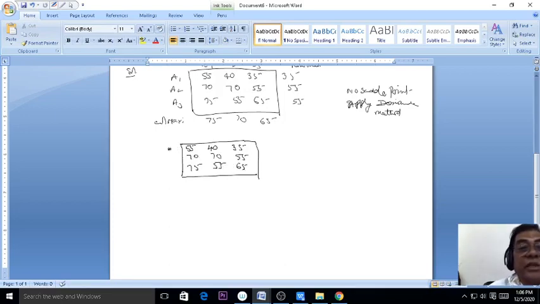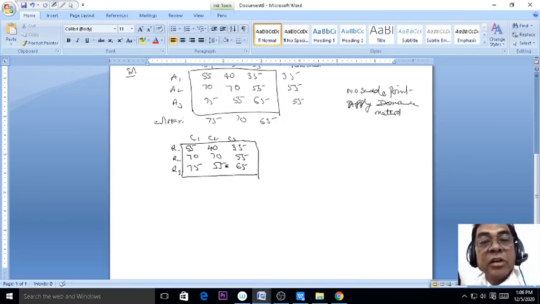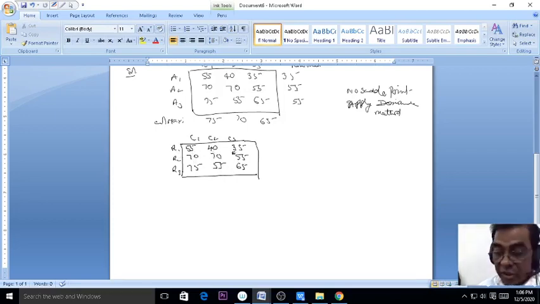Let these be R1, R2, R3, C1, C2, C3. Now which rows dominate? R2 dominates R1 because 70 is greater than 55, 70 is greater than 40, 55 is greater than 35.